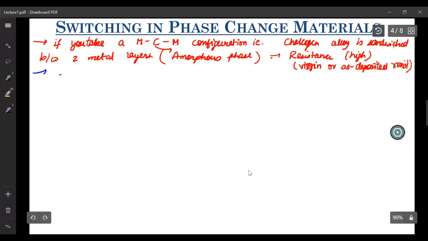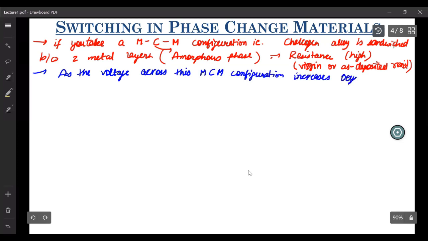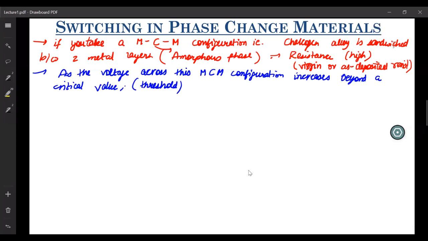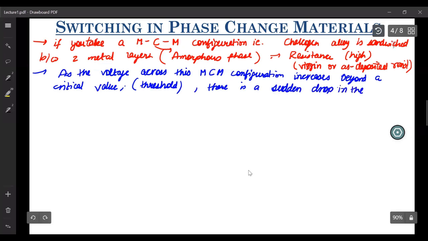Okay, so we start with this, but as the applied voltage across this MCM configuration increases beyond a critical value, and that critical value is called the threshold, what happens is there is a sudden drop in the resistance.